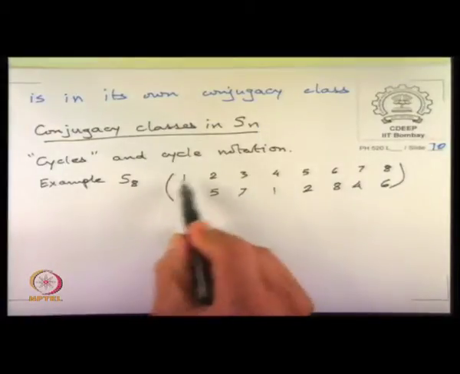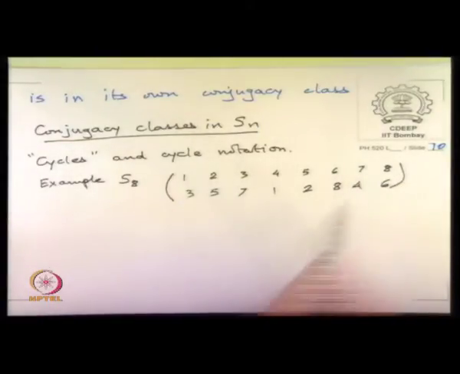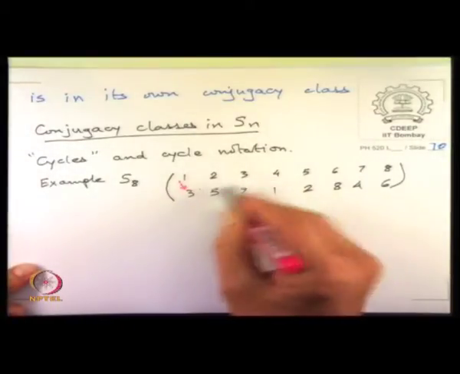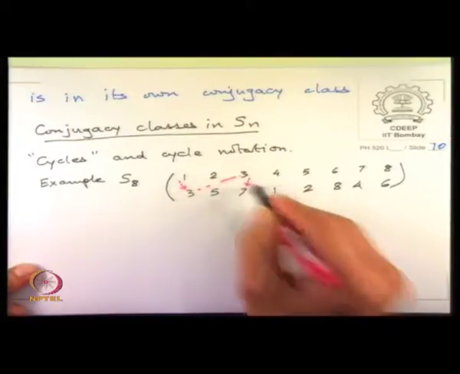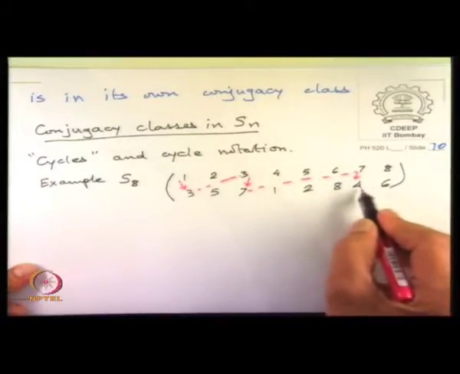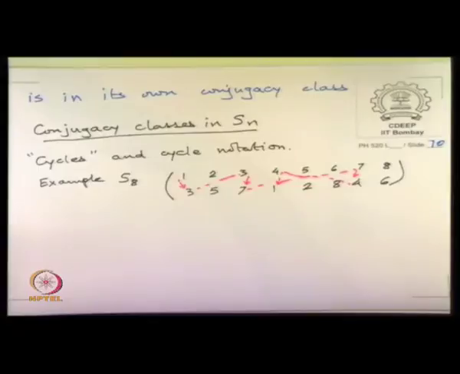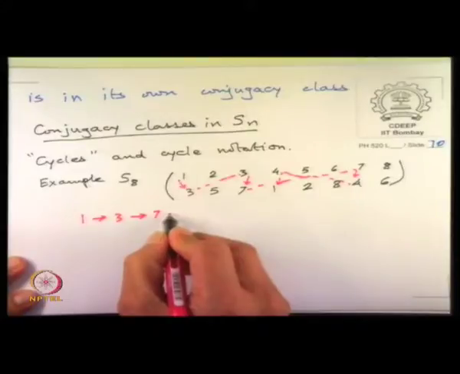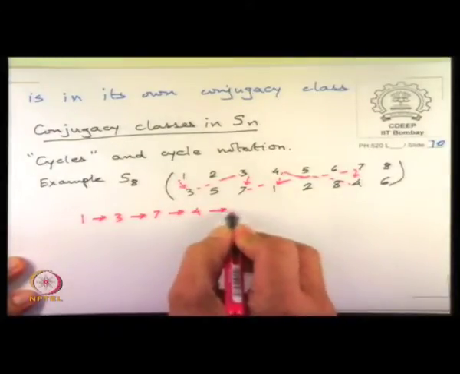It says the original order is permuted into this order. Now we see what happens here is that 1 goes into 3, but 3 goes into 7. And 7 goes into 4 and 4 goes into 1. So we have this sequence: 1 goes to 3, goes to 7, goes to 4 and goes back to 1.